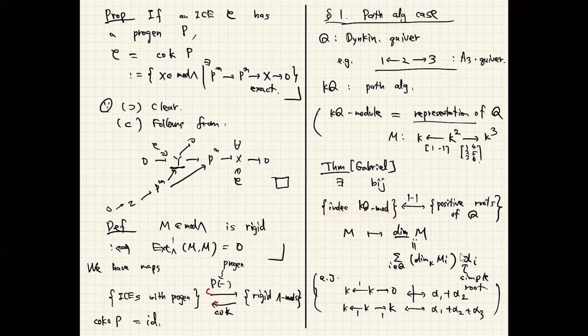So considering KQ-modules is just considering indecomposable KQ-modules with some multiplicities, which are uniquely determined from the original module. So indecomposable modules have enough information for considering every module.